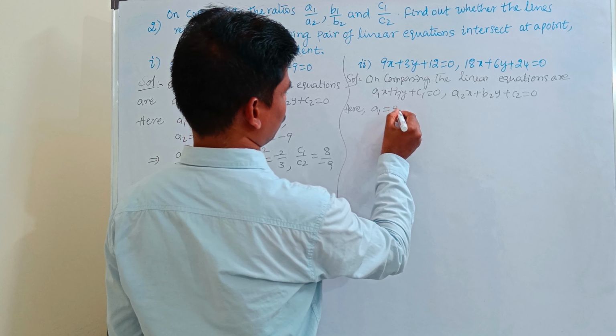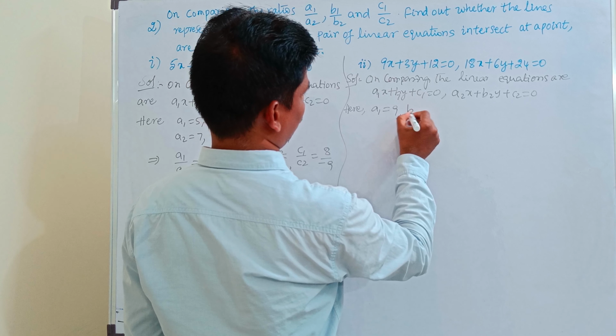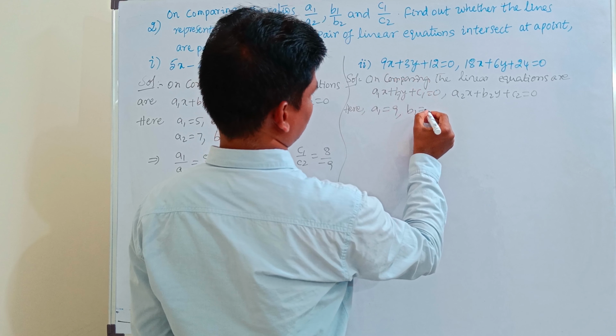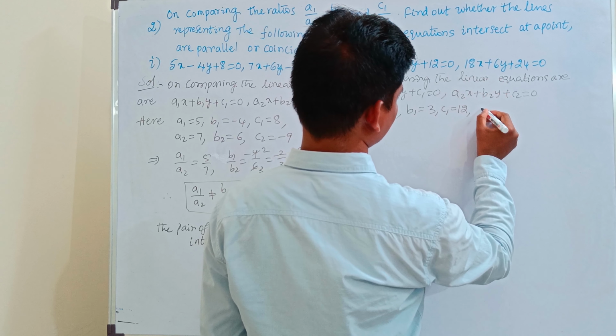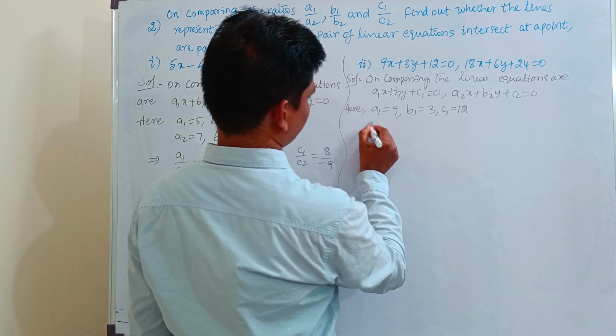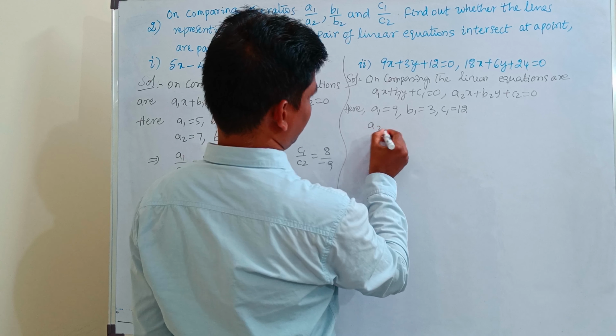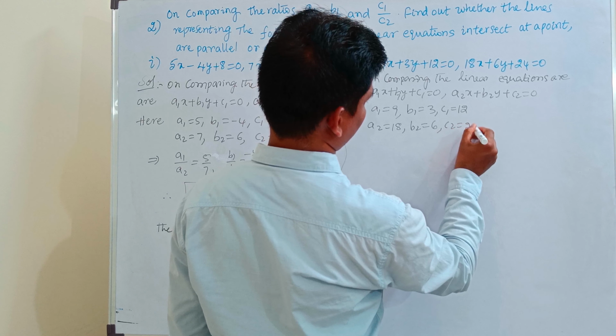Here a1 is equal to 9, b1 is equal to 3, c1 is equal to 12. Next, a2 is equal to 18, b2 is equal to 6, c2 is equal to 24.